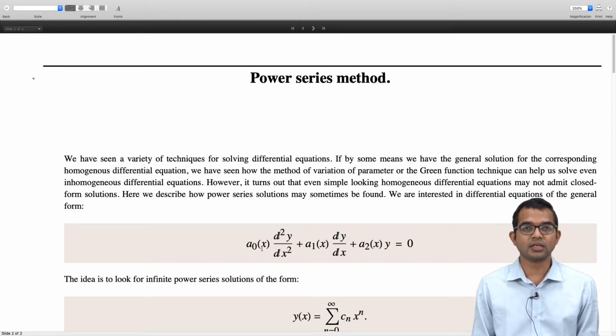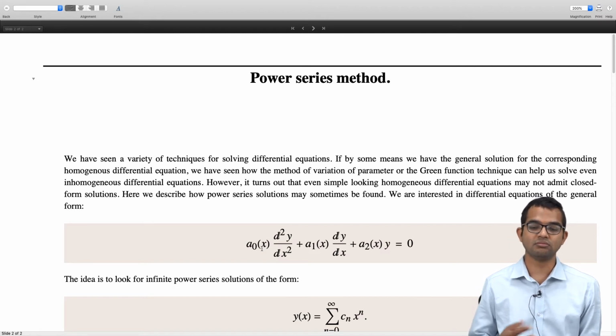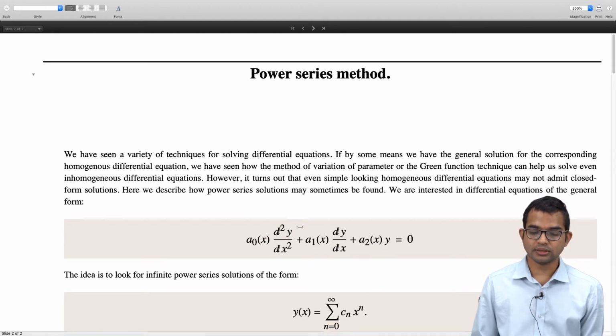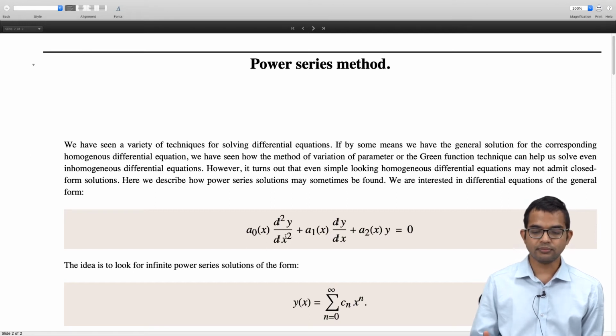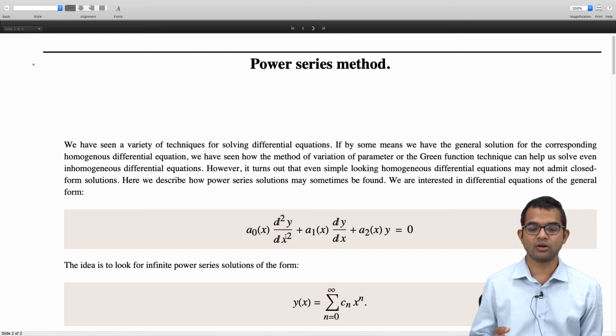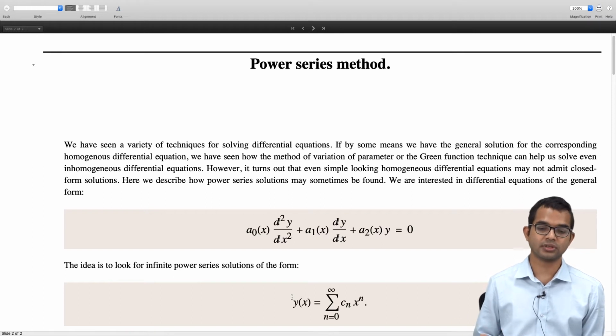It's only when you make them functions, sometimes even very simple functions, that this differential equation becomes a hard problem. In general there won't be closed form solutions for this kind of differential equation, but the technique that we will describe today involves making an ansatz of an infinite series form. So we ask the question, suppose there is an infinite series, right? We know that functions have Taylor series expansions, valid in some interval.